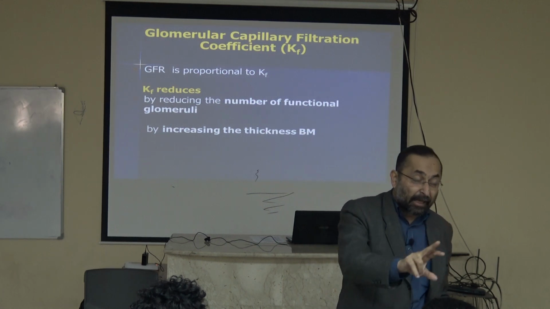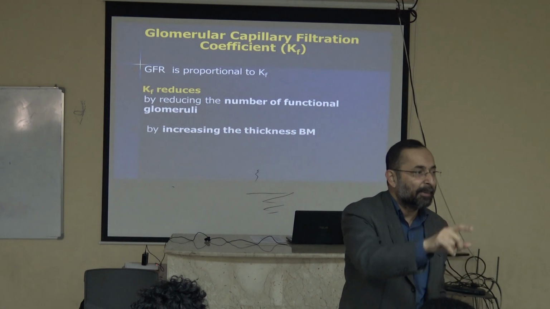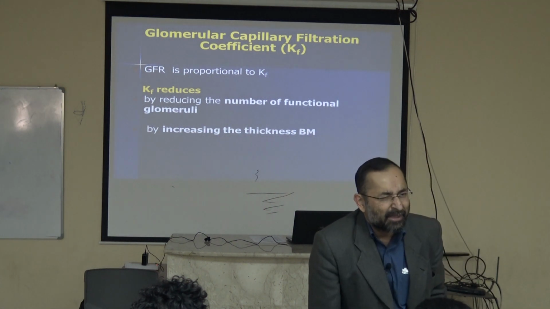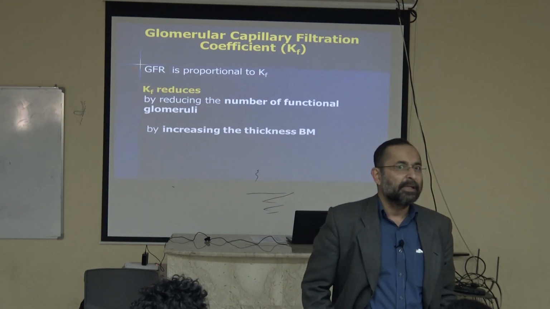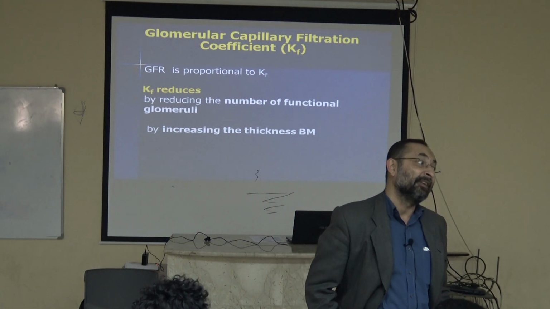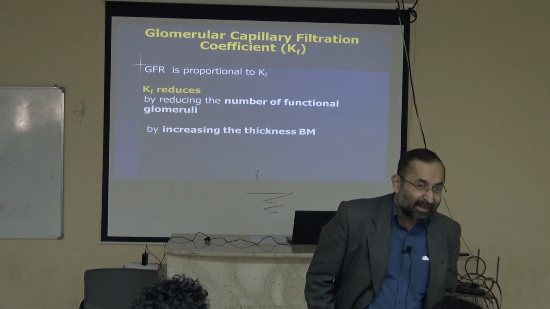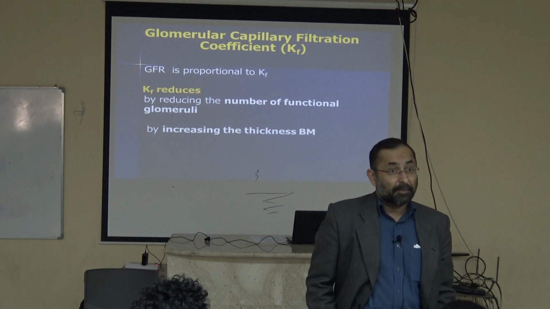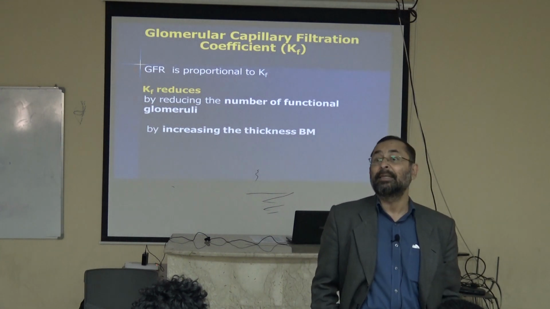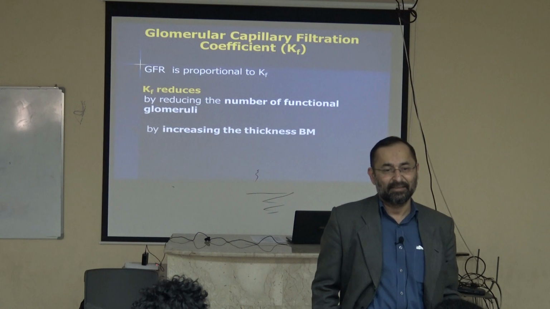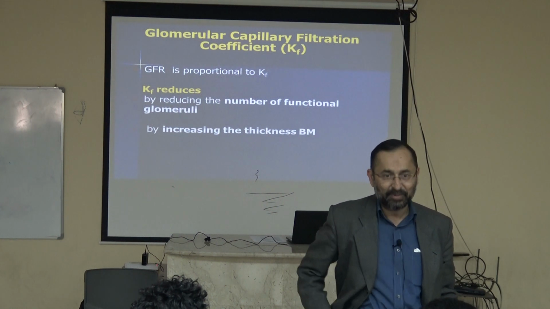So the KF will change with hypertension, and a time comes in the life of a hypertensive person when he goes into a state of kidney failure. Elevated blood pressure, chronic hypertension, uncontrolled, eventually turns into a case of renal failure. So the KF decreases with hypertension.